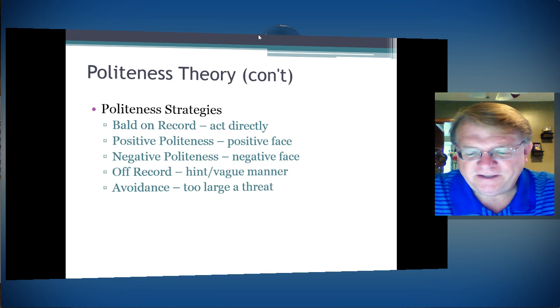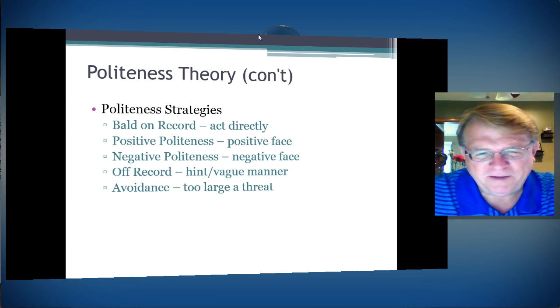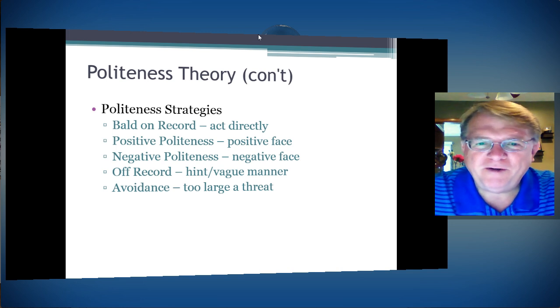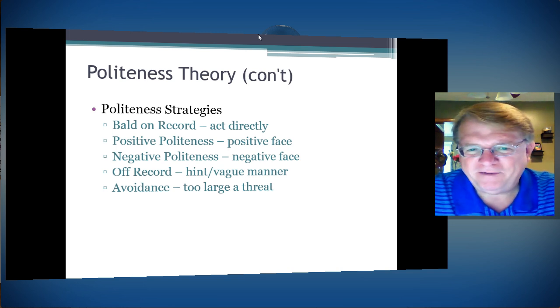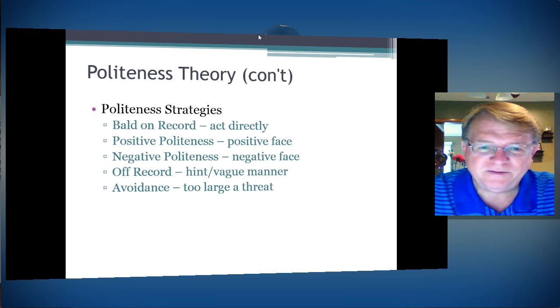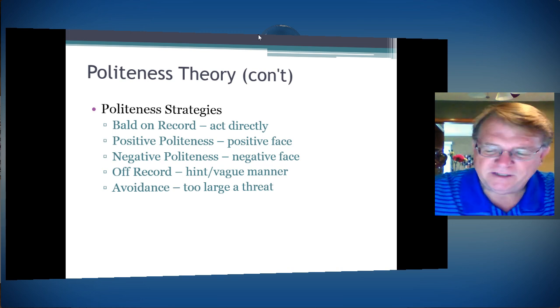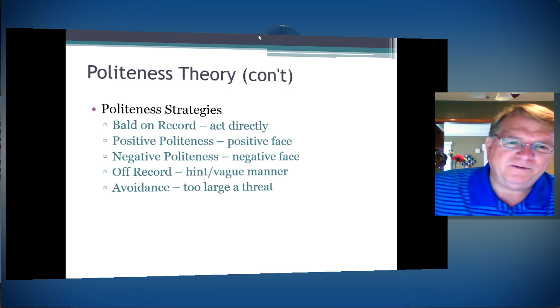You can acknowledge the possibility of negative face and draw attention a little bit to something that may be a problem, which is negative politeness. Then there's off the record, where you act in a very vague manner. You're not saying it too straight. And then there's avoidance. This is how you just totally avoid it because it's too big of a deal to even consider. So you want to just let it go.